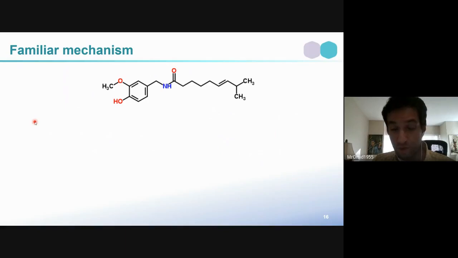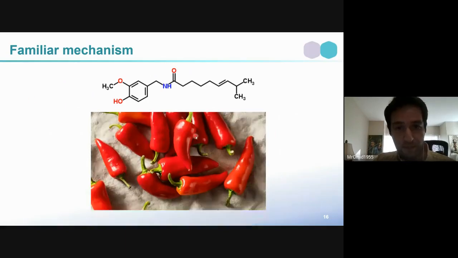But there's also a compound such as this guy here. I don't know if you guys know what this is. It's the active ingredient in chili peppers, capsaicin, which of course binds to the TRPV1 channels, and it activates the channel in much the same way by allosterically altering the positioning of the S4-S5 linker.